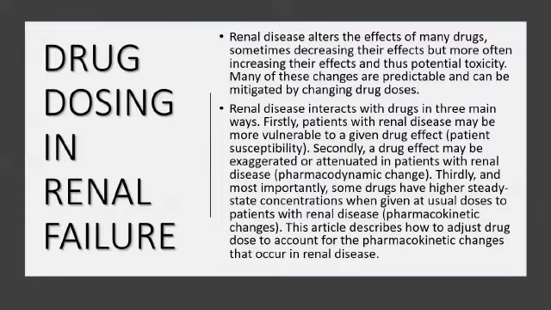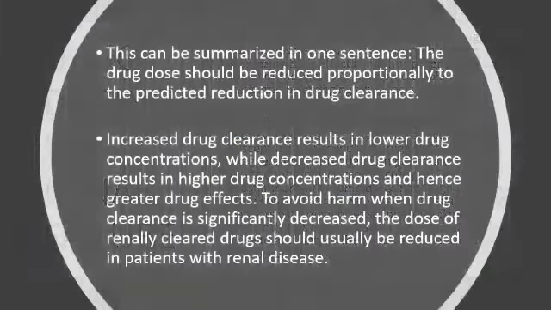This can be summarized in a one-liner: in patients who are renally compromised or have renal disease or renal failure, the drug dose should be reduced proportionally to the predicted reduction in drug clearance.